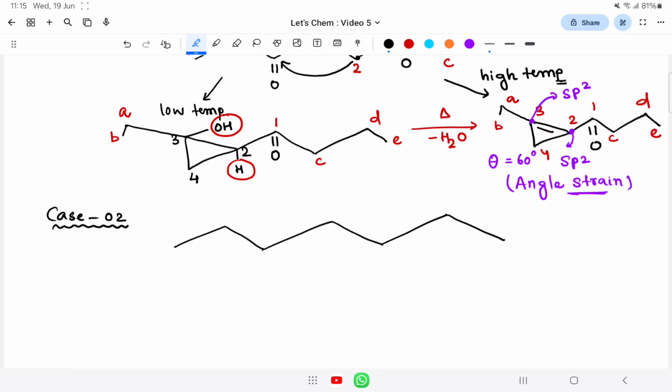Okay, so 1 2 3 4 5 6 7 8 9, and yes, there is the carbonyl carbon, and 1 2 3, here is the carbonyl carbon. Numbering, if I'm not wrong, this is 1 2 3 4 in between, A B, and yes, now this is not 2, correct.